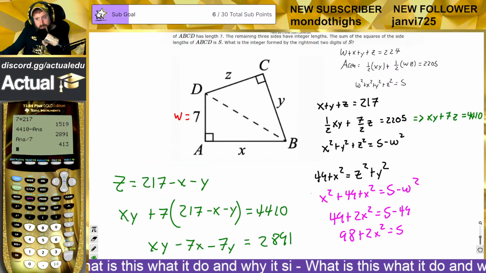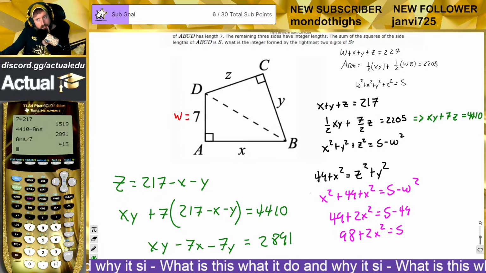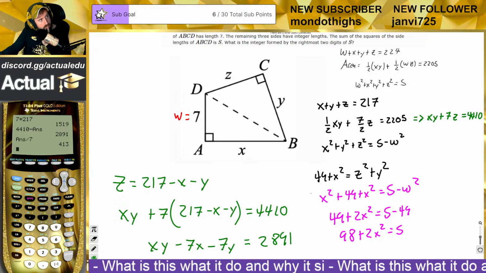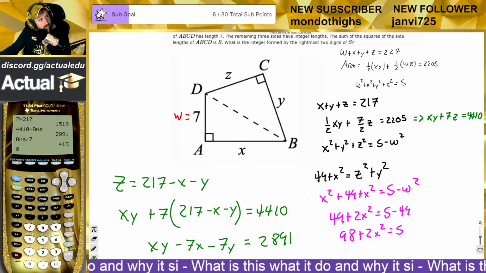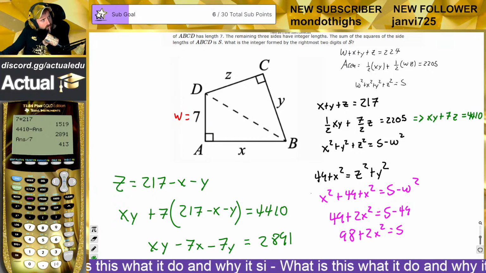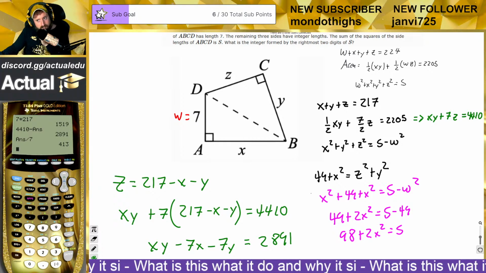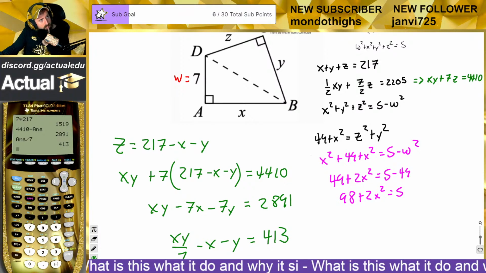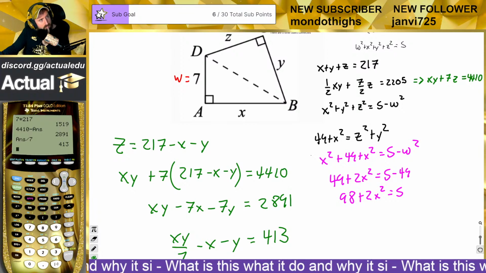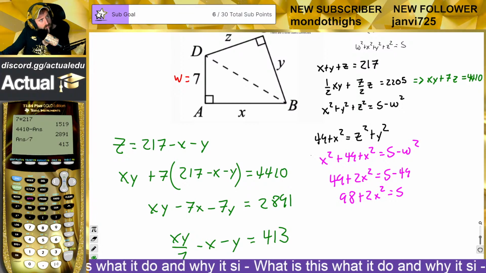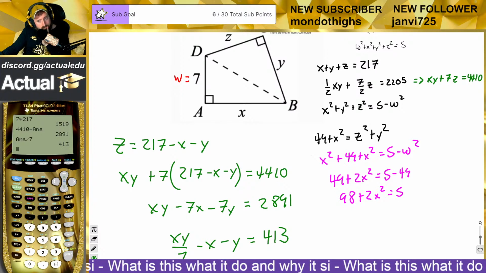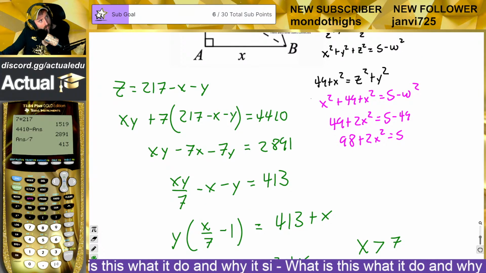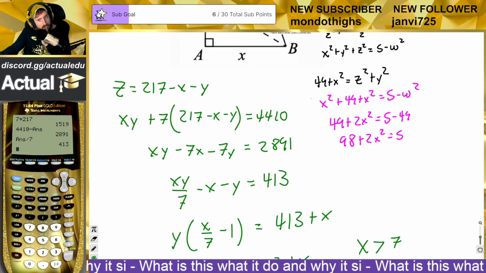That's cool. They multiply it through. Yeah, I get to this step.